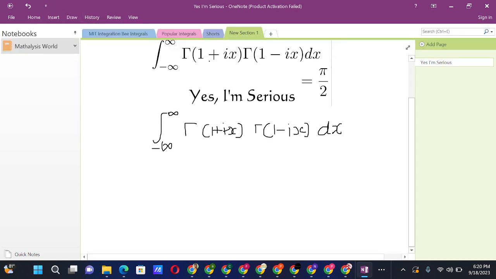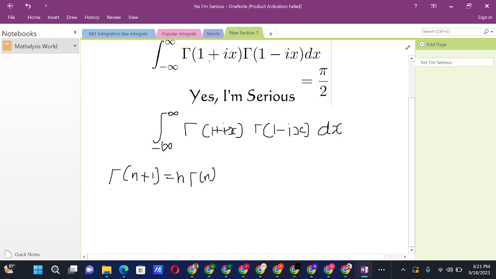Now, before we begin with the integral, we need to know some preliminary ideas or properties. We basically need to know that gamma of n plus 1 is equal to n times gamma of n, and the factorial equivalent of gamma will let you see why this works. Gamma of n is actually n minus 1 factorial.